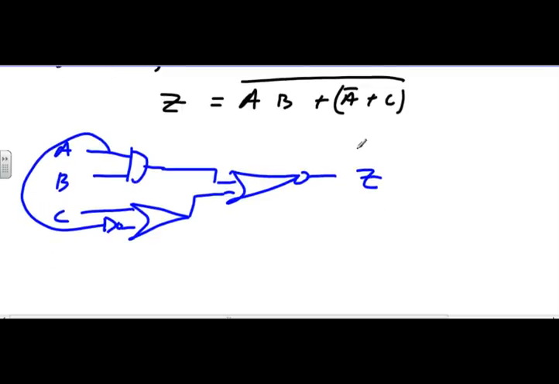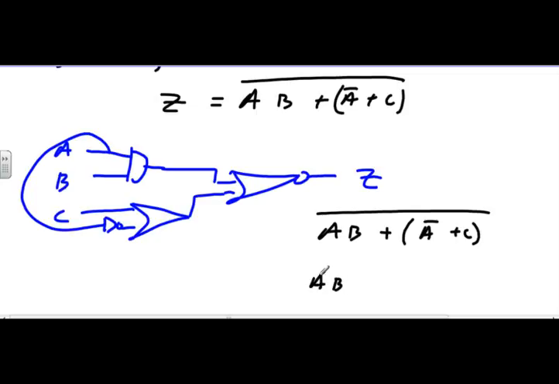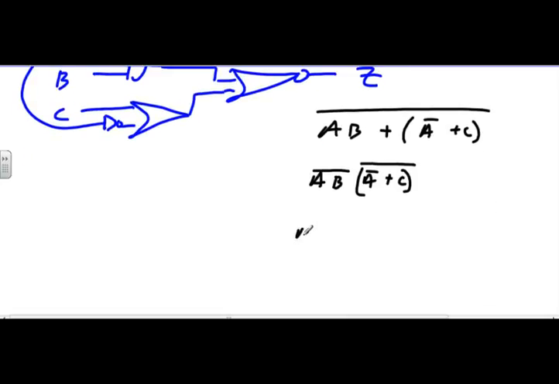Now we're going to do some Boolean reduction. A, B, or A naught or C, the whole thing knotted. I got A, B naught, A naught or C, knotted. I've got A naught or B naught and a double naught C naught.